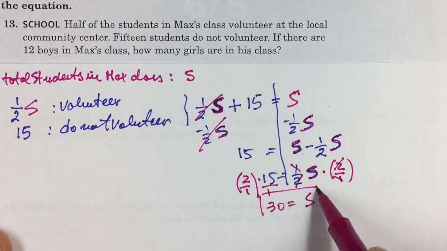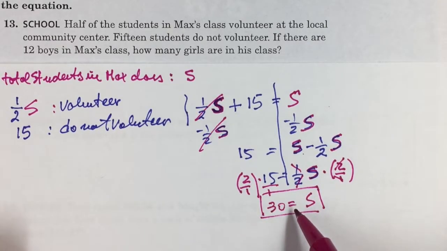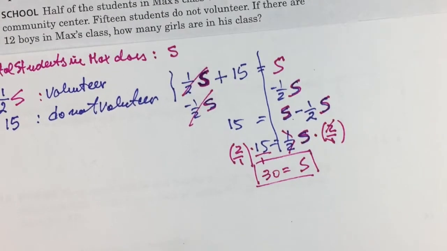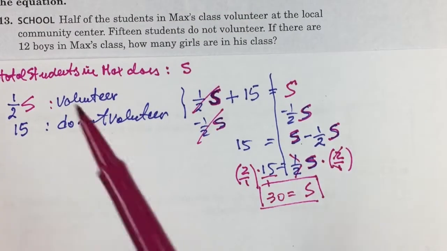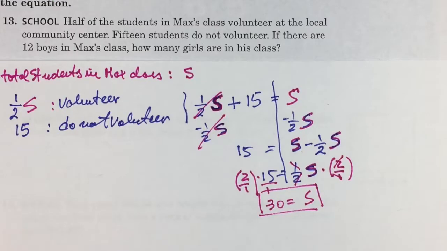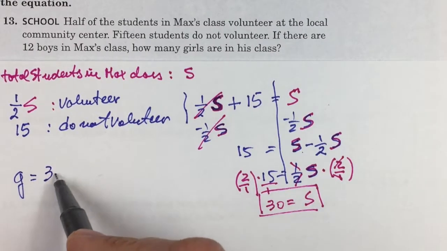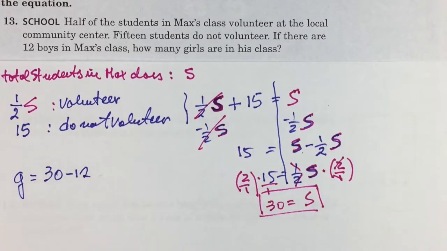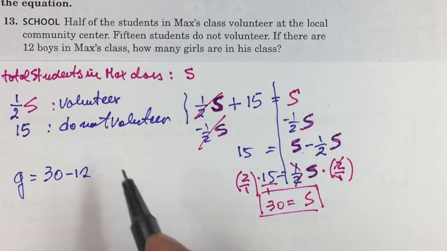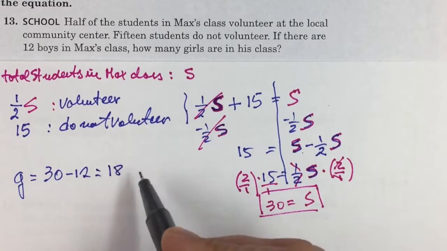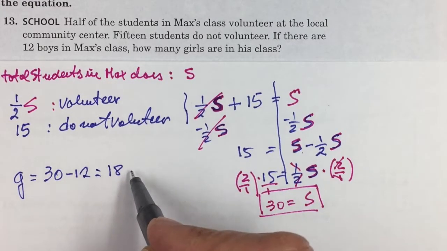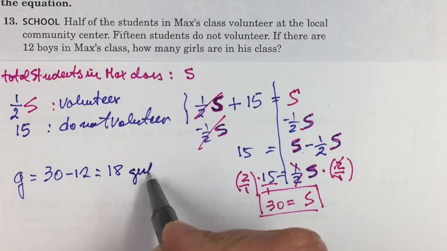Oh, look at that. I have a total of 30 students in the class. If 12 of them are boys, I'm going to subtract, the number of girls, g, is going to be 30 minus 12. So 30 minus 12 is going to be 18 girls. So in my class I have 18 girls total.